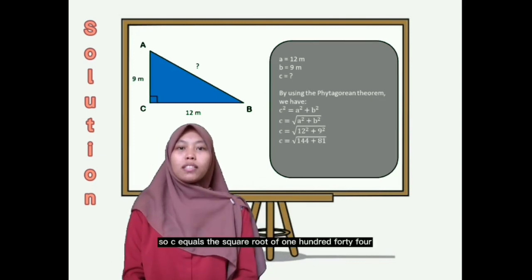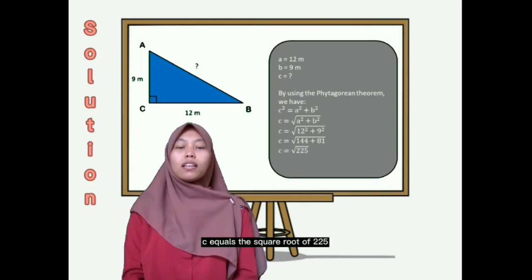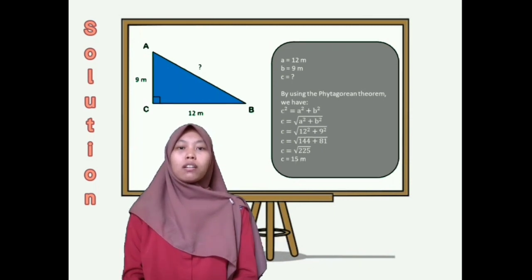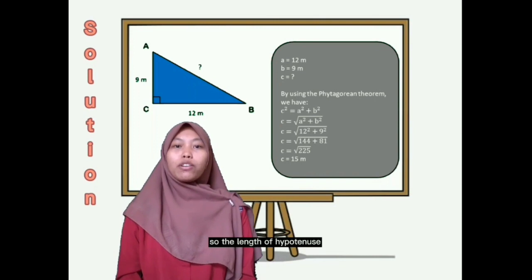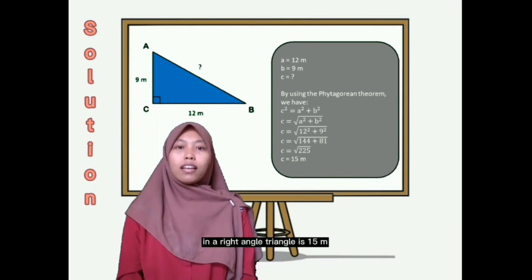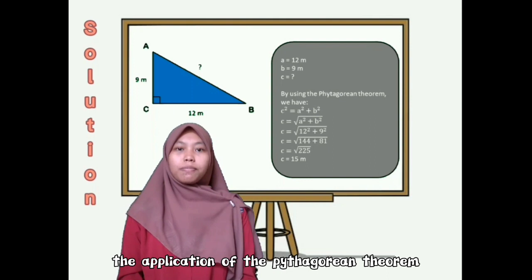So, C equals the square root of 144 plus 81. C equals the square root of 225. Then, the square root of 225 is 15. So, the length of the hypotenuse in a right angle triangle is 15 meters.